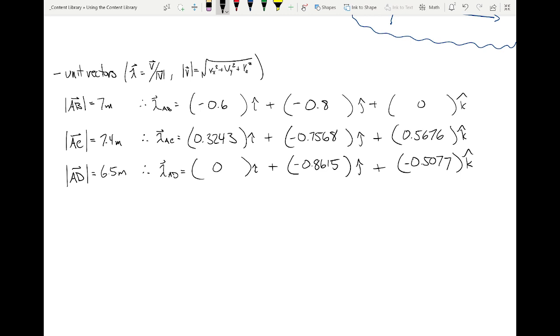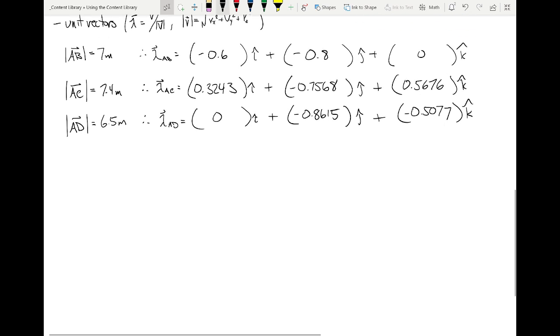Now what I'm going to do is write my force vectors, okay? I know that this is going to seem kind of repetitive, but there's a reason why I'm doing this. My expression for a force vector is that a force vector is the magnitude times the lambda.